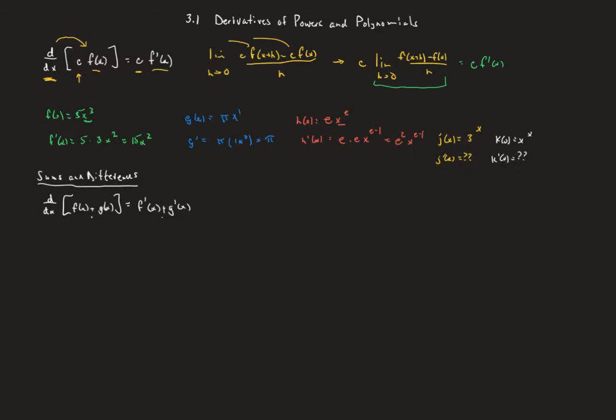So let's see what it looks like in practice. Here's f of x equals, say, 7x to the third minus 4x squared plus 5x plus the square root of 7. So f prime of x is going to be, well, these are a bunch of separate functions that are all being added or subtracted.